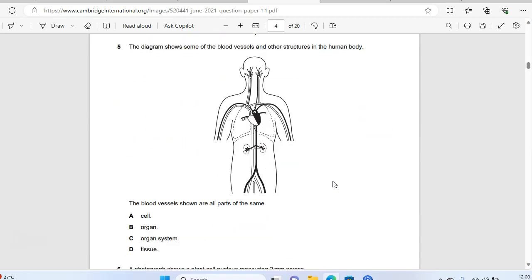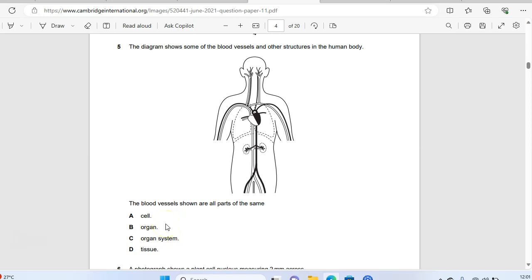Question number 5 is here. The diagram shows some of the blood vessels and other structures in the human body. The blood vessels shown are all part of the same what? Is it a cell? No. A cell is the simplest unit of life.